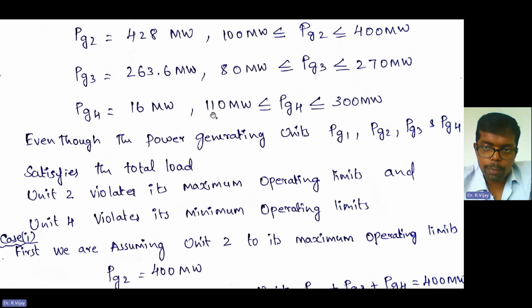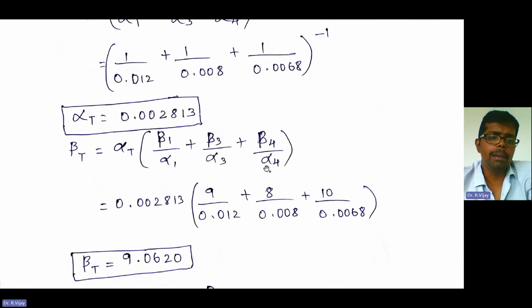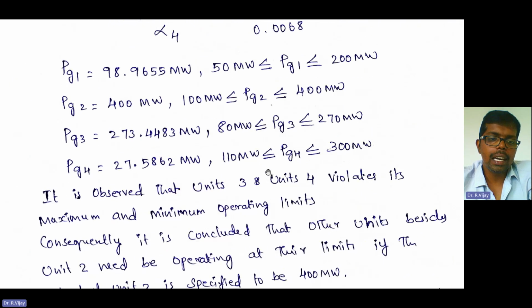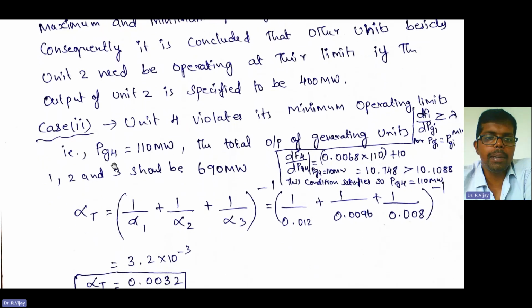Again, further we are proceeding with the economic load dispatch problem. That is case number 2. We are fixing unit 4 at its minimum operating limit, PG4 as 110 megawatt.